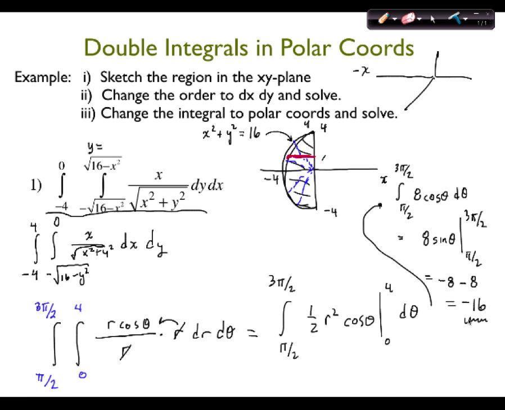So we can say definitively this negative 16 is not a difference of volumes. There is a volume of 16, and it's all below the xy plane over there. Do you see that? That's why we're getting negative 16, because it's a volume of 16 below the xy plane.